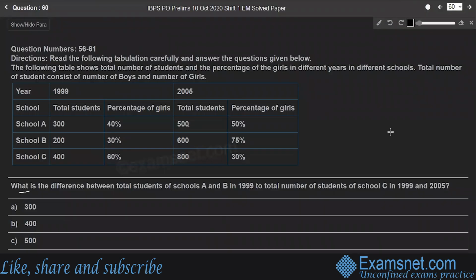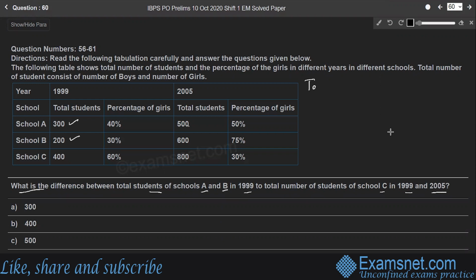Question 60. What is the difference between total students of school A and B in 1999 to total number of students of school C in 1999 and 2005? Here, difference between total number of students in school A and B in 1999. So, total number of students in A is 300, in B is 200.